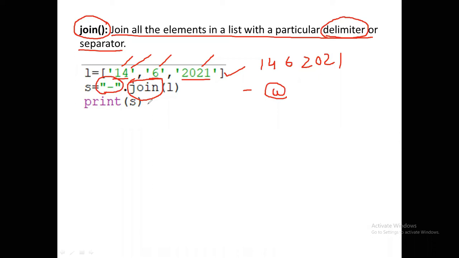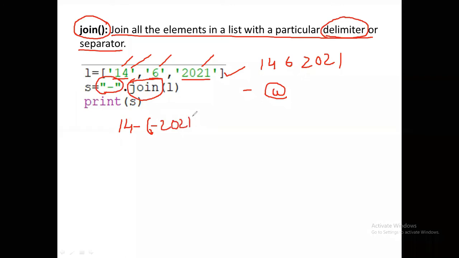Okay. Now what is the expected output? Here L equals 14, 6, 20, 21. S equals the delimiter hyphen dot join L. So here 14 is the data element and it is joined with 6 with the delimiter hyphen, after that hyphen, 20, 21.